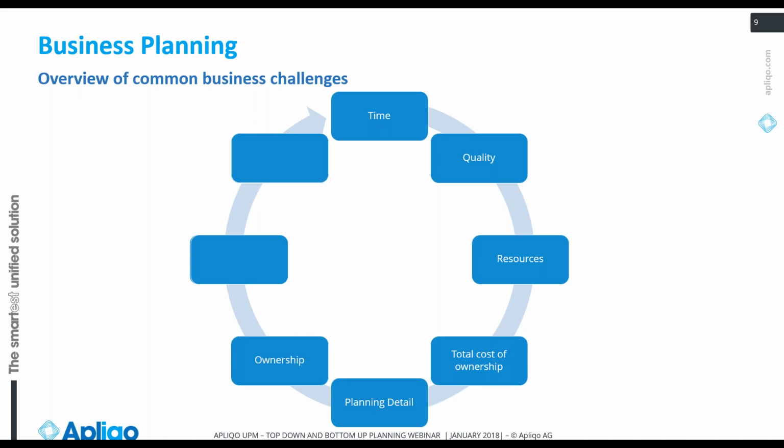There is also quite often a lack of ownership. Quite often the whole planning process is heavily driven from the finance department, but when it comes to integrated planning and you want to bring in other operational planning layers which may currently sit in an Excel environment and are not part of an integrated application, you also need to involve other departments.